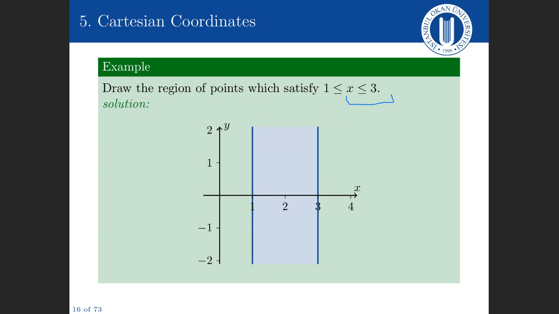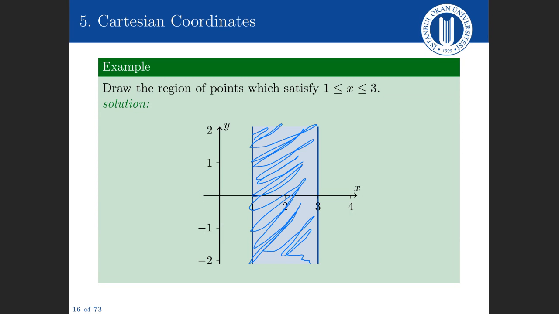Then we can look at the second inequality, x is less than or equal to 3. Let's simplify this first of all to x equal to 3, all of the points where x is equal to 3. We're asked to draw all of the points where x is between 1 and 3. So in other words, we're drawing all of the points between these two vertical lines.